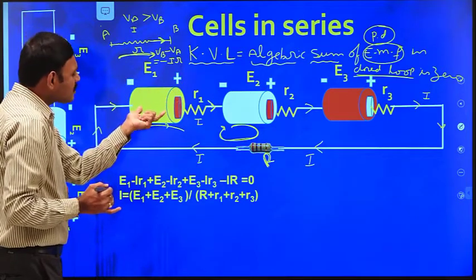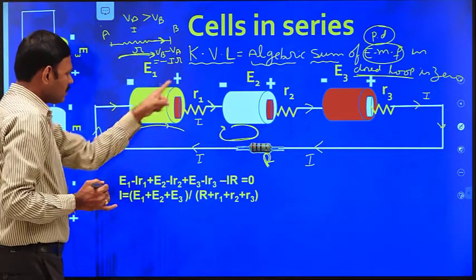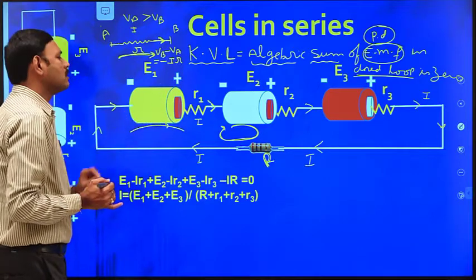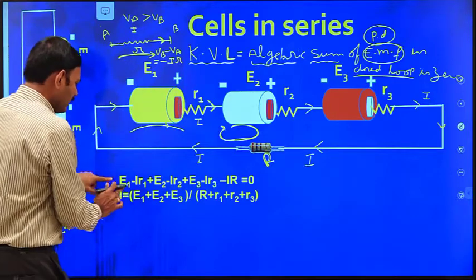When you consider the cell, this is the positive terminal and this is the negative terminal. So what is the EMF? Positive minus negative means positive, E1.